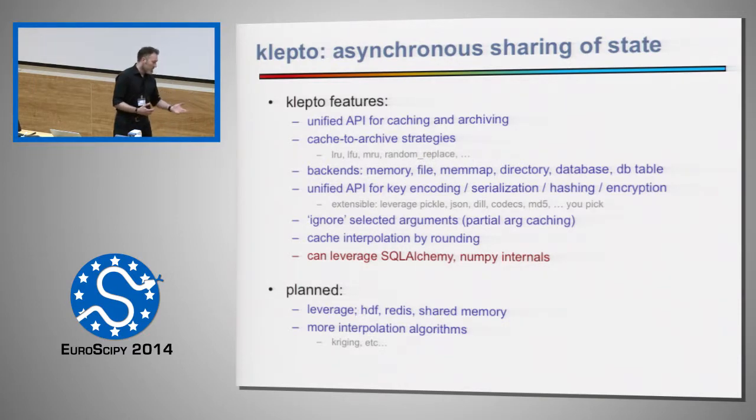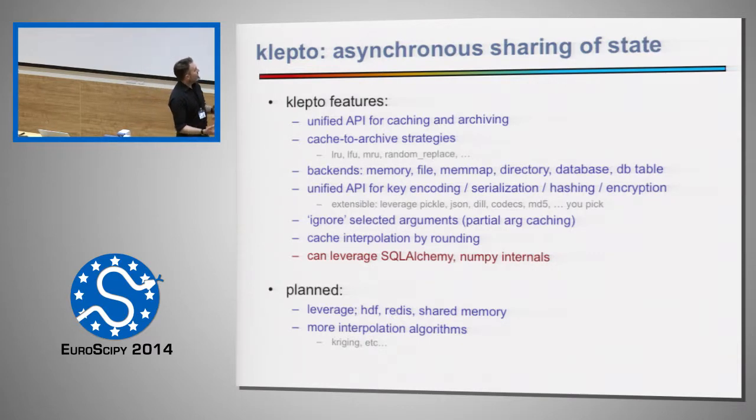You can rely on memory, on a file system, on a database, leverage NumPy internals. It does interpolation, cache interpolation, rounding, things like kriging I'm working on. I actually have an implementation that does HDF as a backend, but the idea is to abstract the communication between two resources through a database table. And it basically is augmented by pickling because I can save anything.